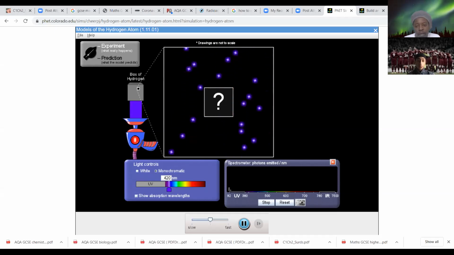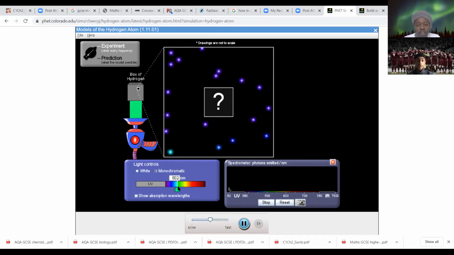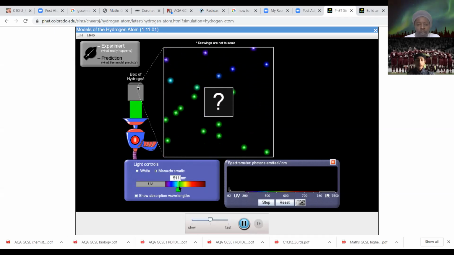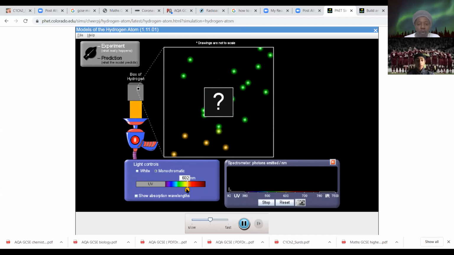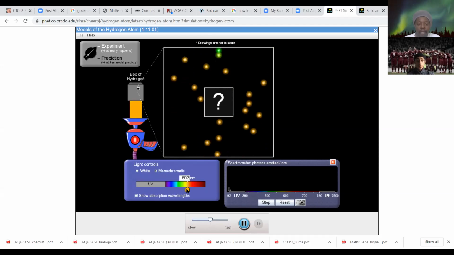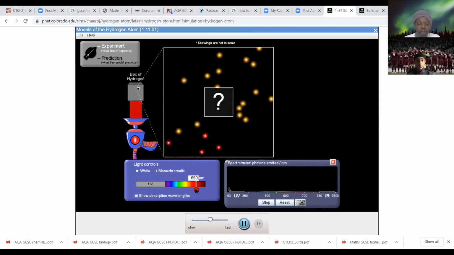These blue things, by the way, this is light behaving as particles. Each of these particles has a fixed amount of energy. Now, as I start moving through the spectrum, I will start noticing that some photons are going to be missing or absorbed much more greatly than predicted.